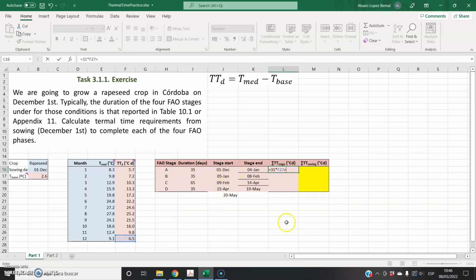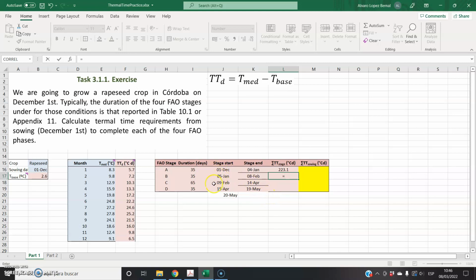And it will also stay in the field for 4 further days in January. So we should consider the thermal time accumulated in a typical day of January for 4 days. We apply the same criteria to the following stages.